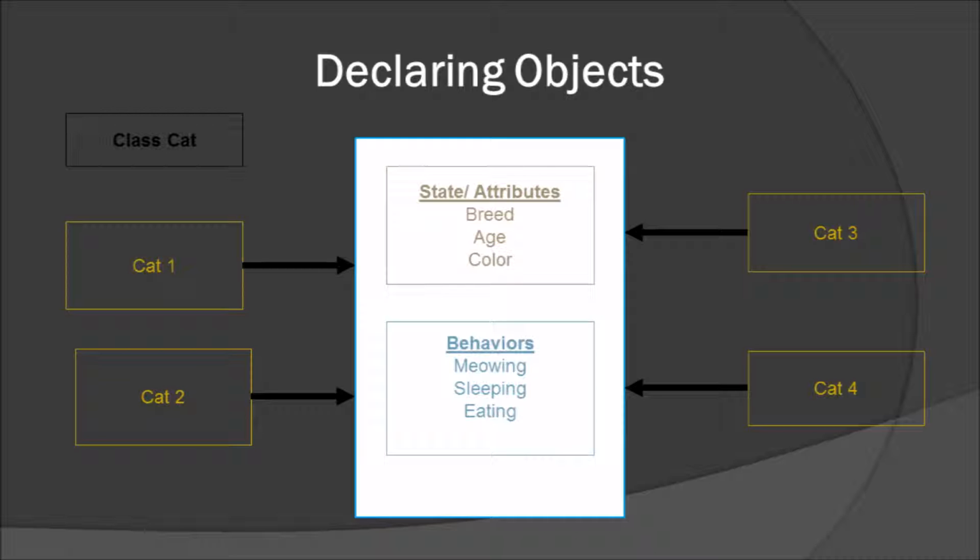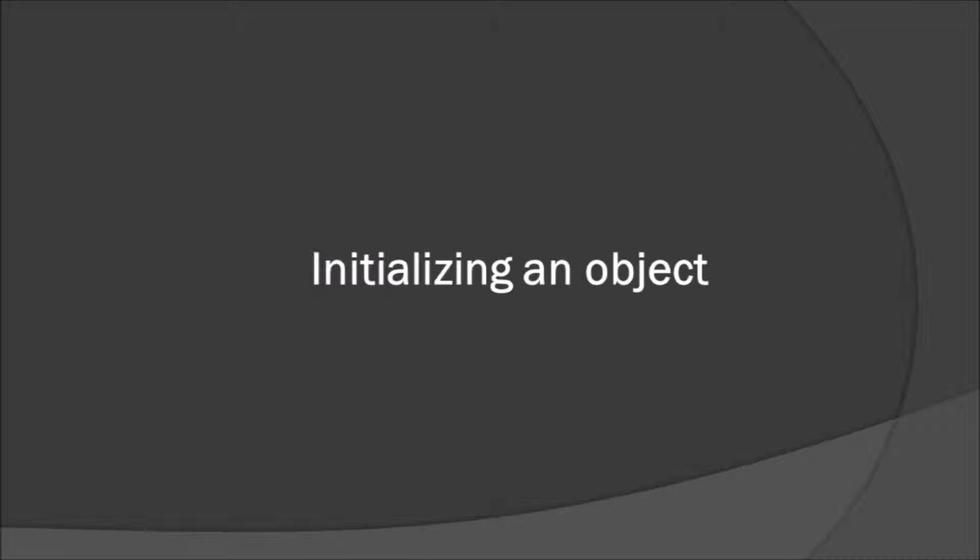In general, we can't create objects of an abstract class or an interface. If we declare a reference variable like this, its value will be undetermined until an object is actually created and assigned to it. Simply declaring a reference variable does not create an object.